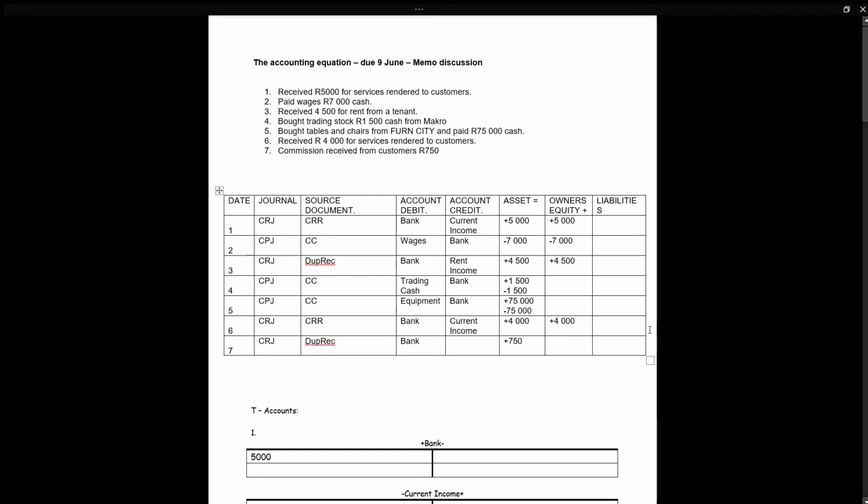And then commission income, classified as an income, will have a positive influence on my owner's equity since it's an income. Right, so plus 750 Rand will equal plus 750 Rand plus 0. This one is done correctly as well.